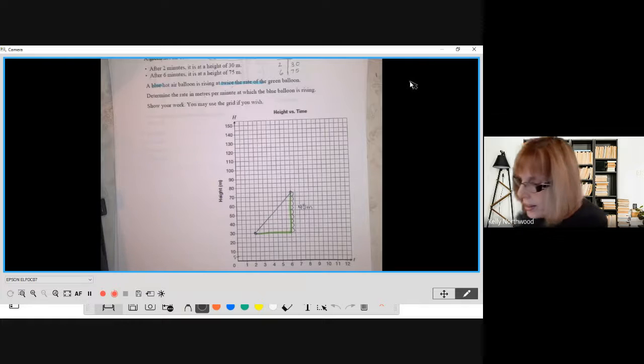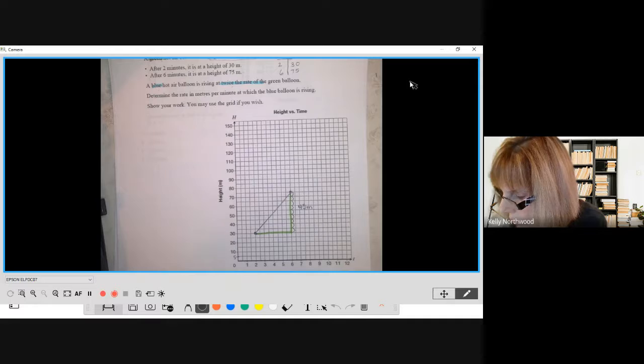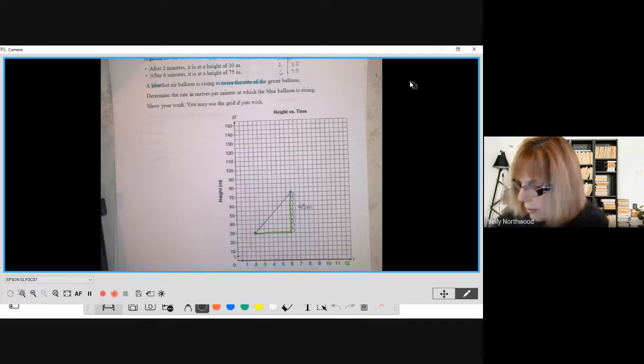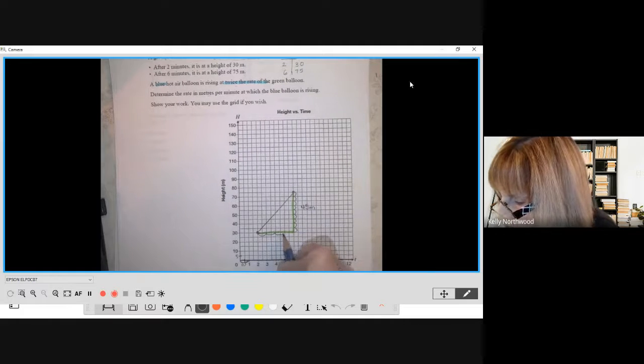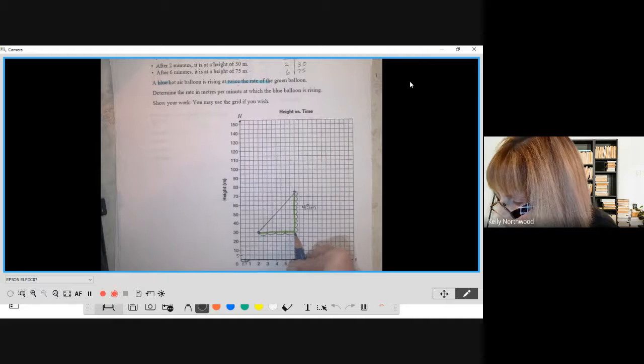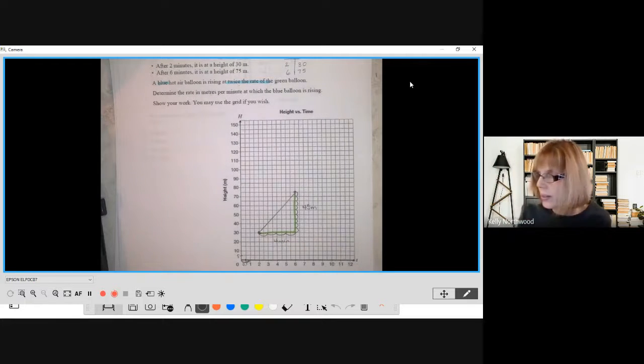And then the run, each square here is worth 0.5, or the way I like to think of it is every 2 squares is 1. So if I was counting the run out, I'd do 1, 2, 3, 4. So my run is 4 minutes.